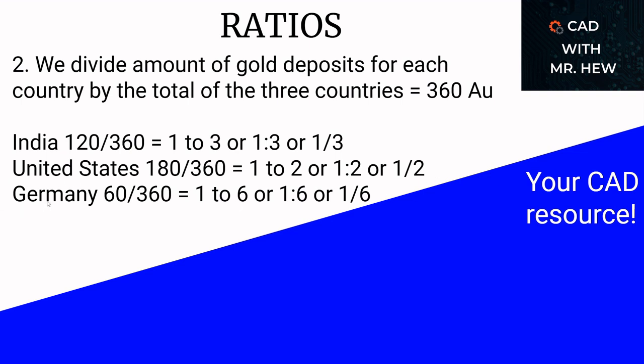And then finally, we have Germany having 60 AU divided by the total 360. So we get, as a ratio, 1 to 6, or 1:6, or 1/6 as the fraction representing the ratio.